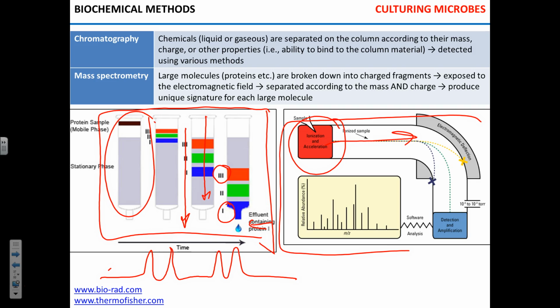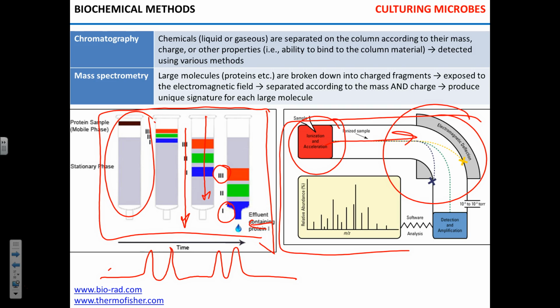The magnet here will change the trajectory of the flying molecules based on the charge. Make sense? So you have two factors, charge and mass. It turns out that the method is designed in a way that for pretty much every molecule, the charge and mass are going to be unique.